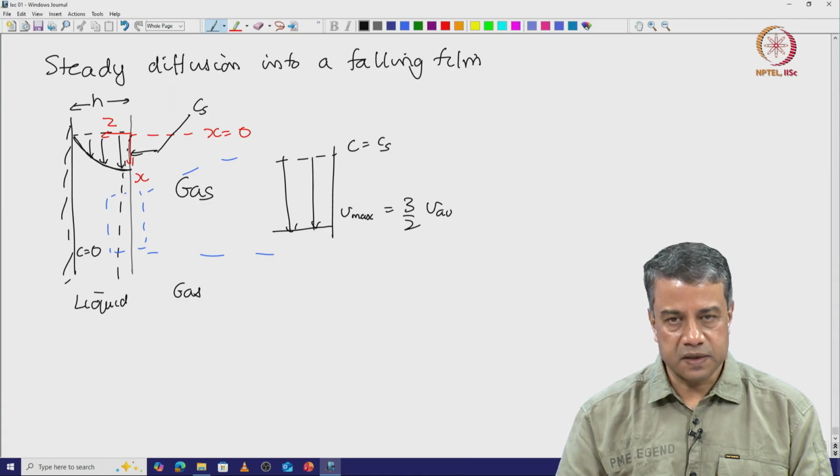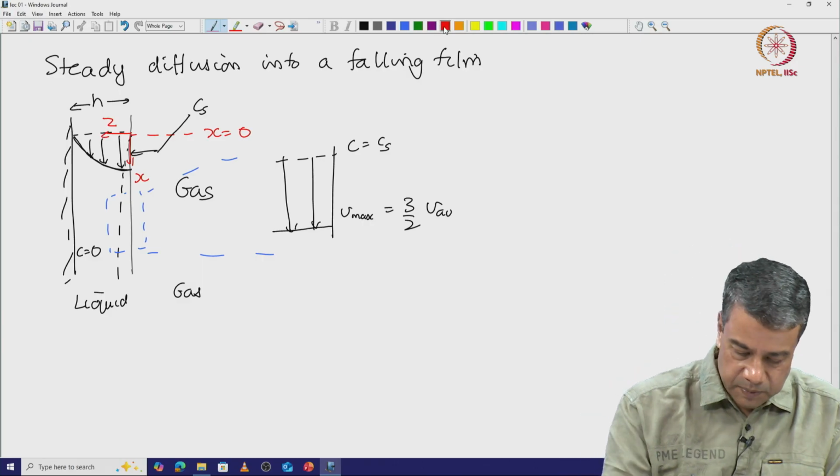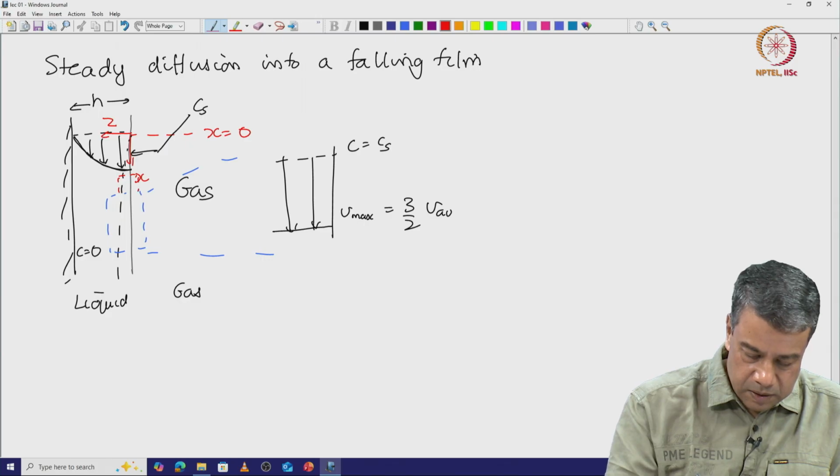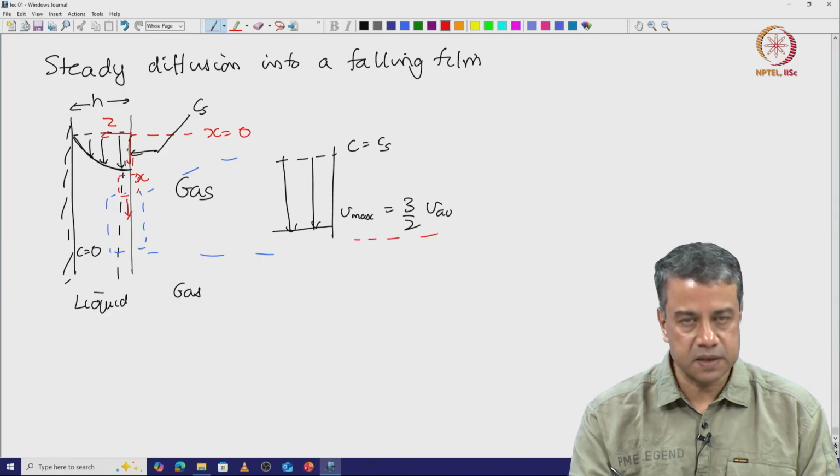So, how do we solve this problem? As this film is moving downwards, you have a parcel of fluid that is moving downwards with velocity given by this V max.